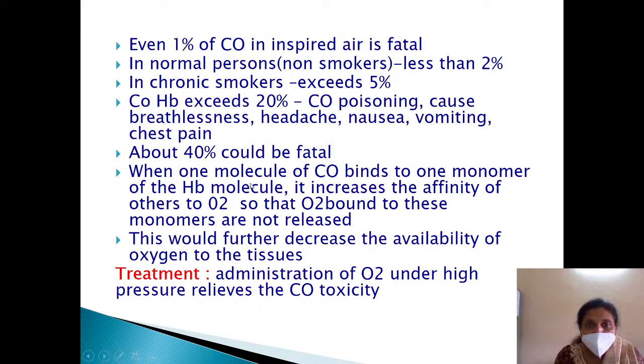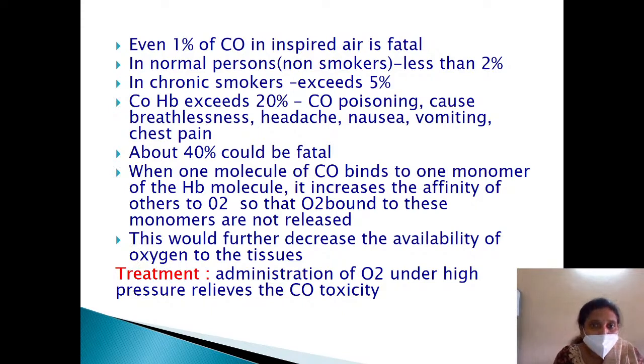I repeat here, when one molecule of carbon monoxide binds to one monomer, one polypeptide of the hemoglobin molecule, that increases the affinity of the other monomers to oxygen, so the bound oxygen cannot be released. So in the presence of COHb, oxygen is unavailable.